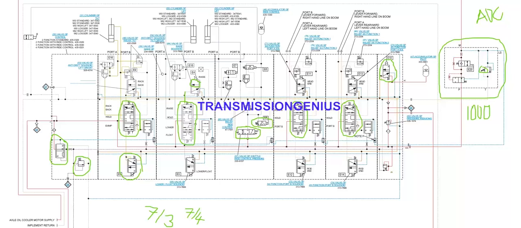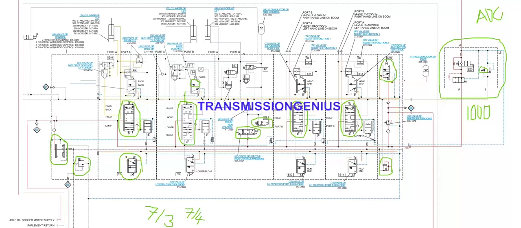This is the main element in the circuit. This is what you call the margin valve. This helps to maintain a certain pressure in the circuit.